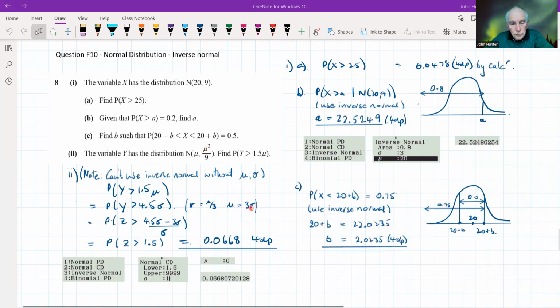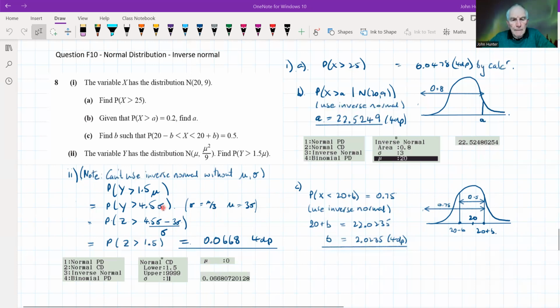And therefore mu equals 3 sigma, 3 times the standard deviation. So we can do a bit of a substitution here, and this actually helps us. Now we're looking for the probability that the random variable is greater than 4.5 times the standard deviation, 4.5 standard deviations from the mean.